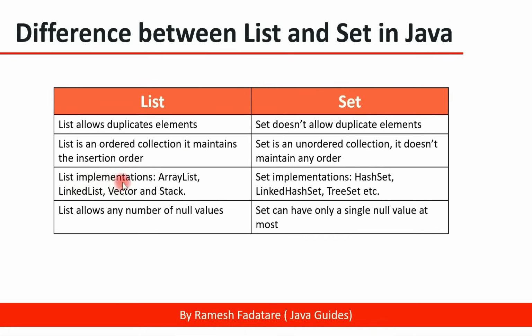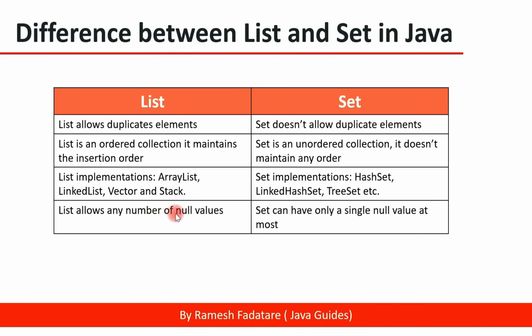And look at here, a few more minor differences. The List interface has a few implementations like ArrayList, LinkedList, Vector and Stack, and the Set interface has implementations like HashSet, LinkedHashSet, TreeSet, etc. And a list allows any number of null values, whereas a set can have only one null value at most.